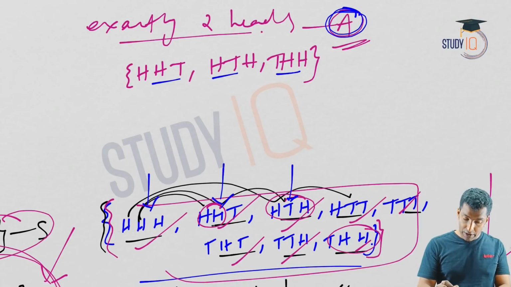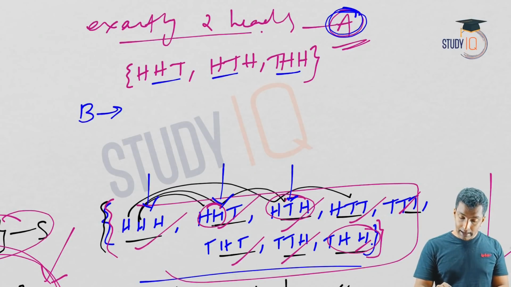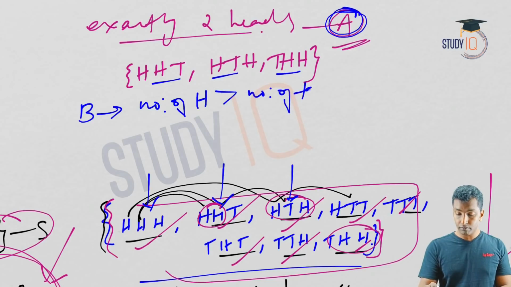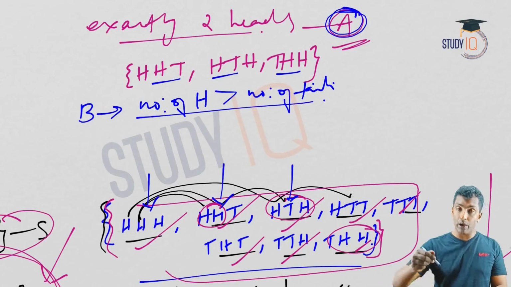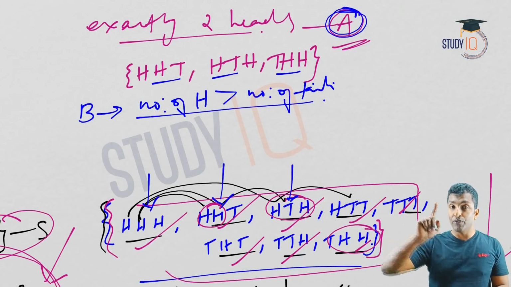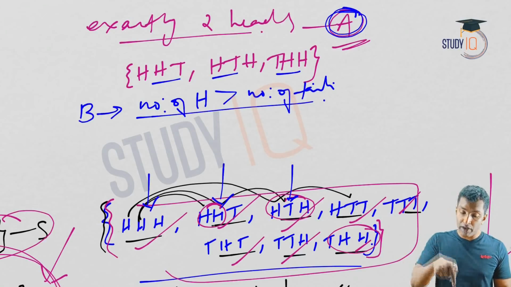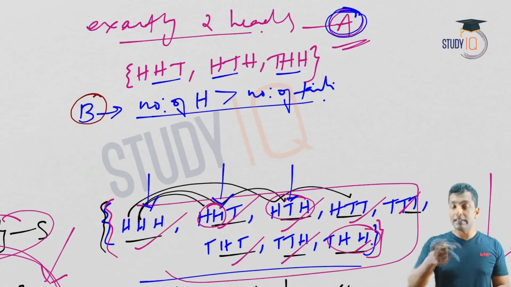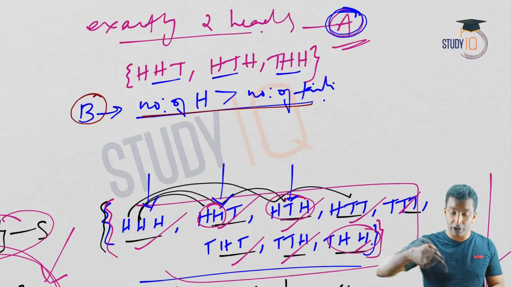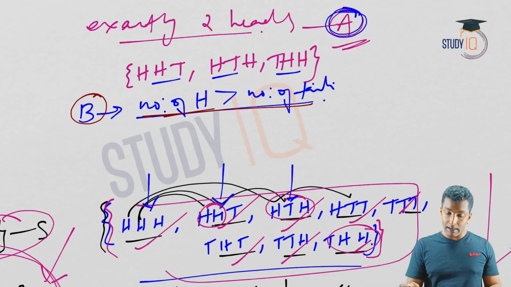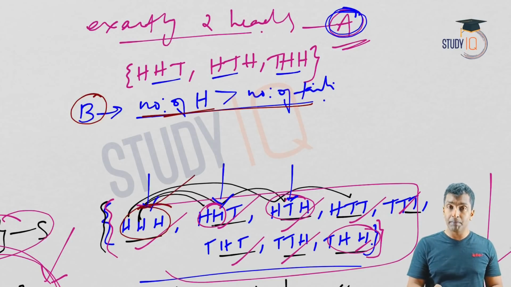We need to observe the sample space and see which elementary events are favorable to the defined event. Or let me discuss this case, event B. Let me define it like this, getting number of heads more than number of tails. So my event B is defined like this, number of heads should be more than number of tails. So we need to look at the sample space and see which elementary events are favorable to event B. So this is satisfying because 3 heads, no tails.